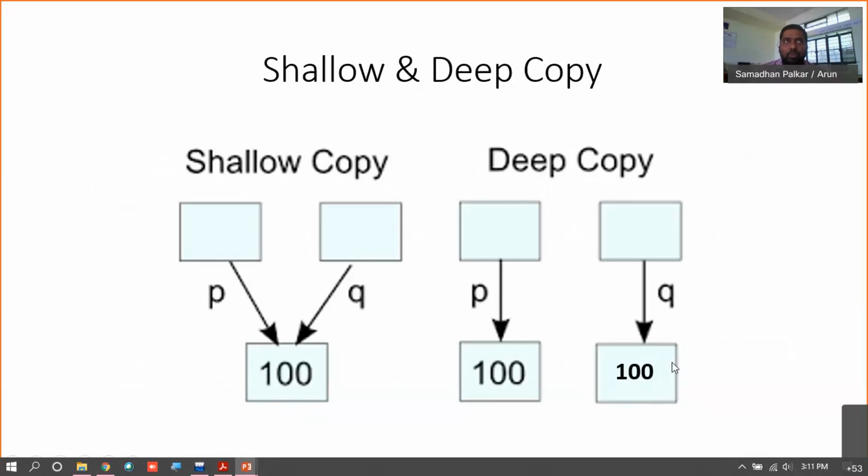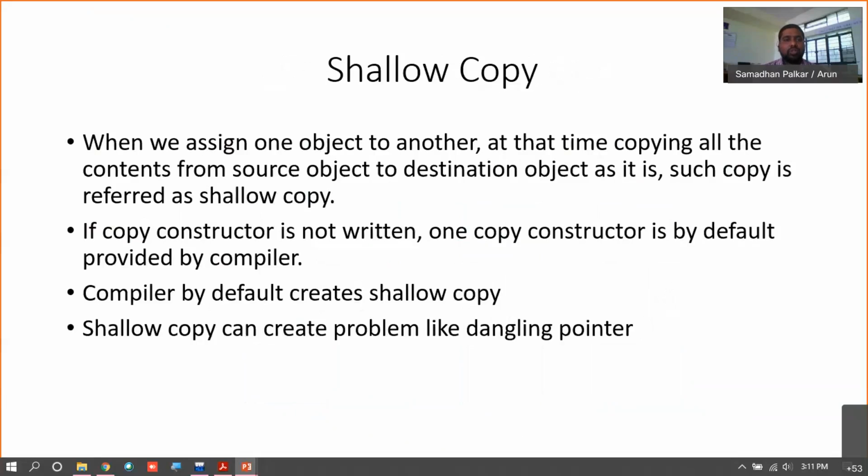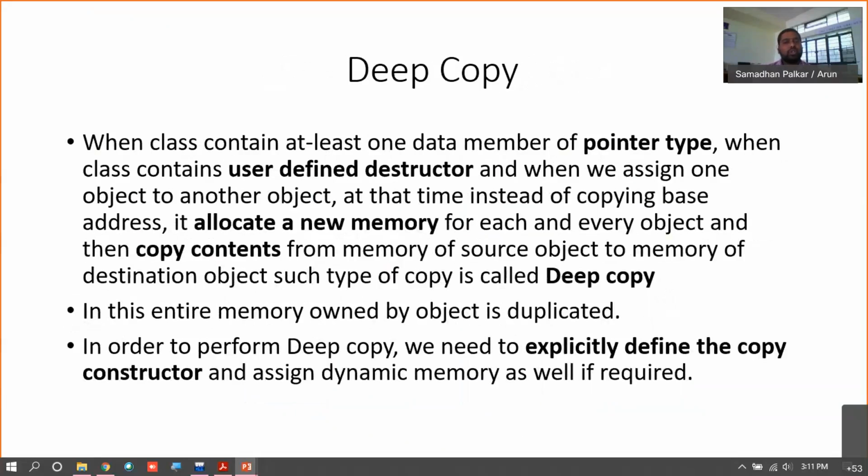So in deep copy, we copy the contents from the memory of the source object to the memory of the newly created object. The entire memory is duplicated in this case, right?